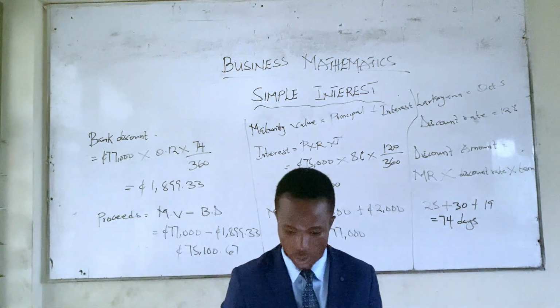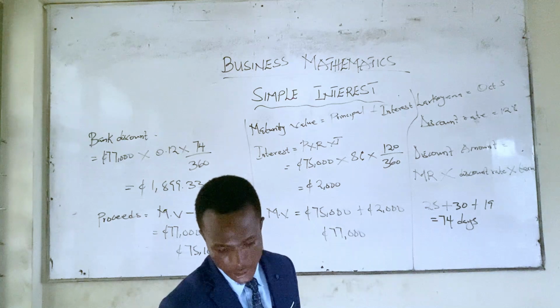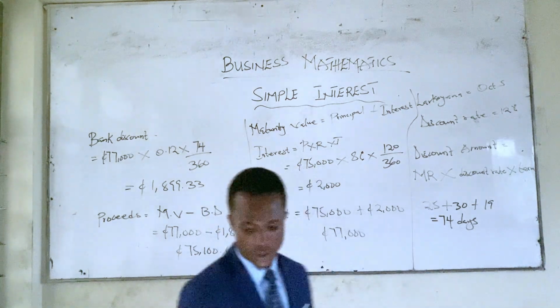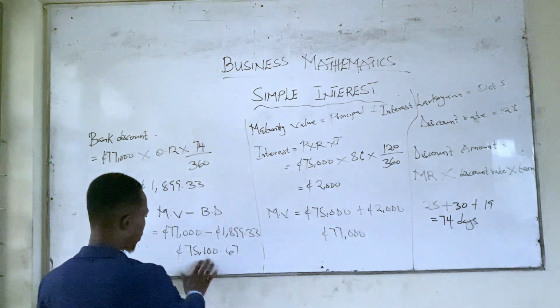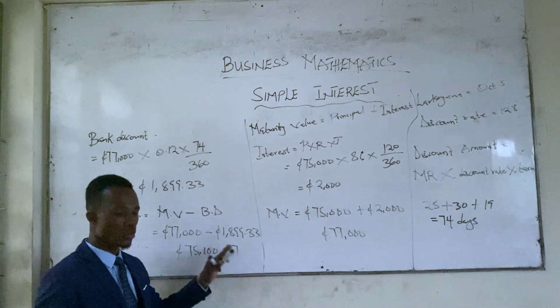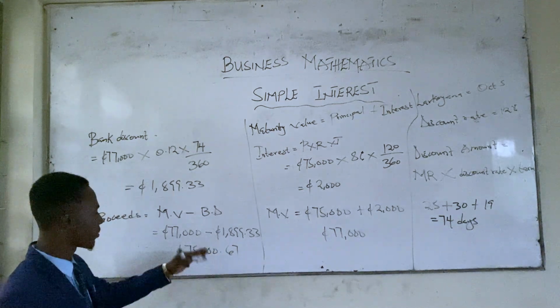So this is the proceeds to Mamaga company. Lakayana will just pay this amount, 75,100.67, to Mamaga company.